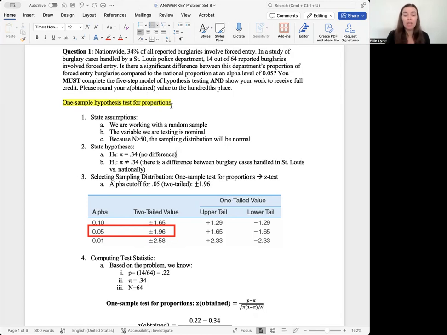Because we know that we are conducting a test for proportions, we are always going to be using population parameters. And specifically for proportions, we use the pi symbol, and we will be using that for both our null and alternative hypothesis.